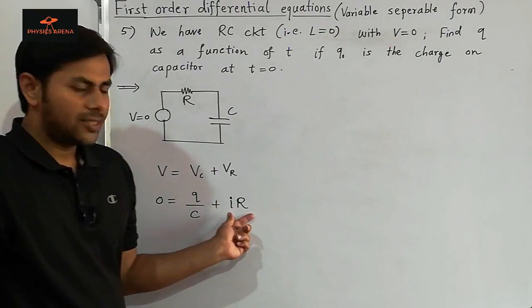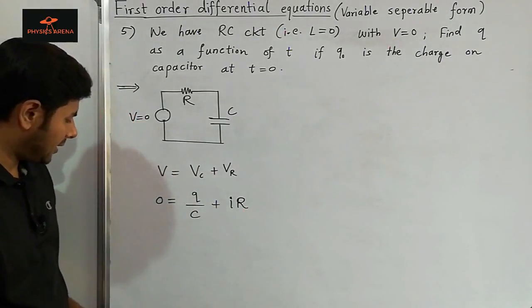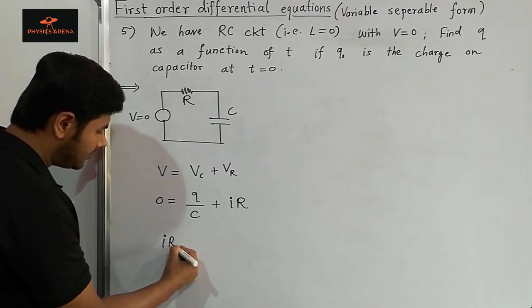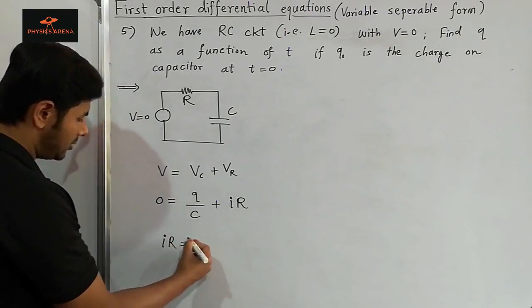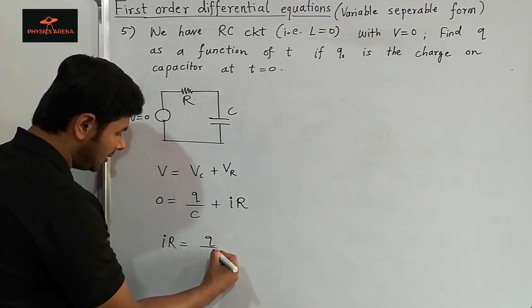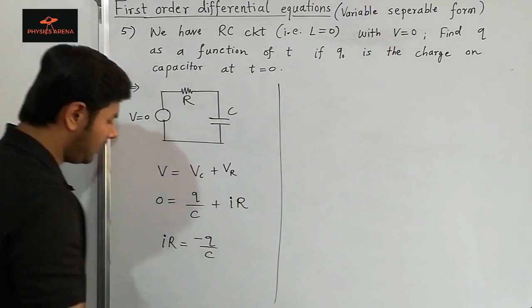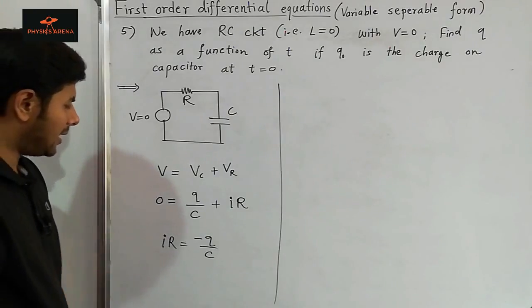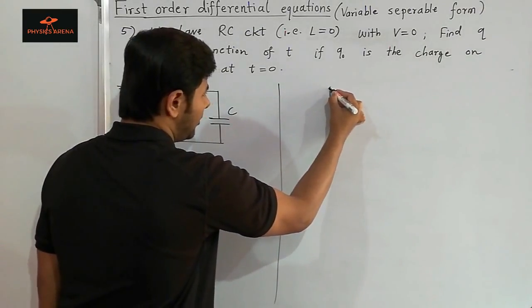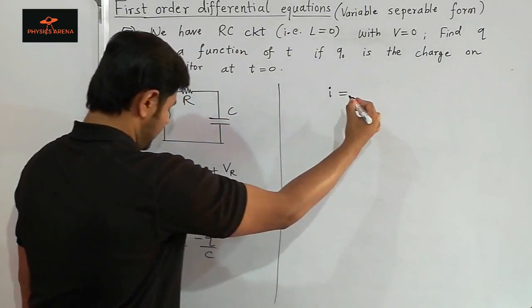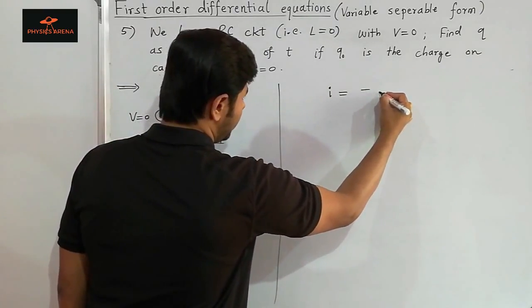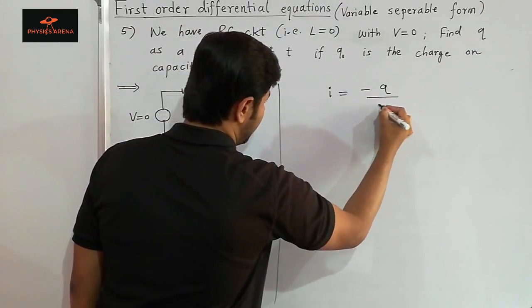Anyways, now I can take this IR on the left hand side. So we have IR equals, or minus IR equals Q by C. So IR equals minus Q over C. Let's take R on the other side. So I have I equals minus of Q over RC.